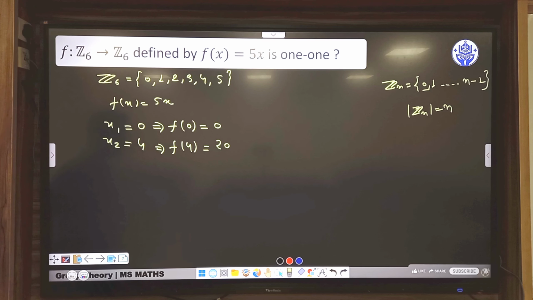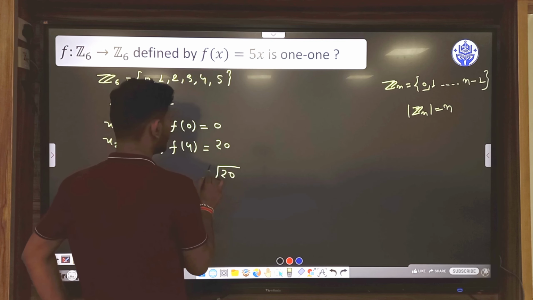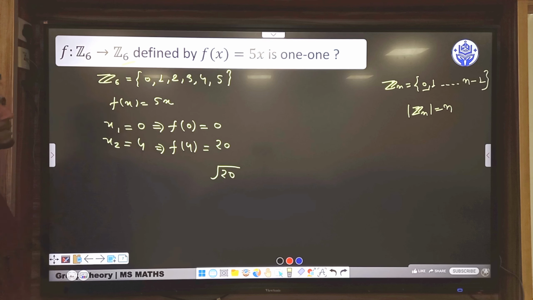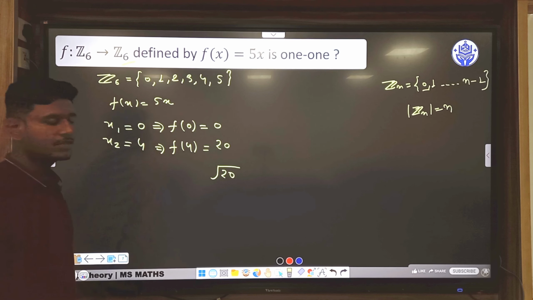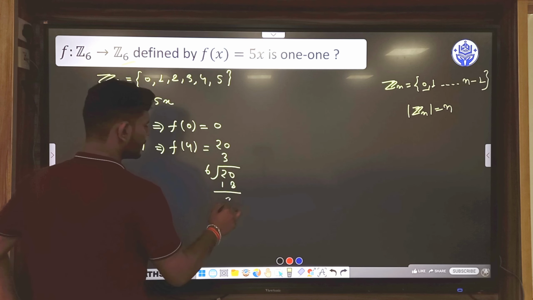Then I will divide 20 by my codomain, which is 6, because my output should be in that particular Z6, but 20 is not in it. So I divide by 6, 3 times 6 is 18, and the remainder is 2.